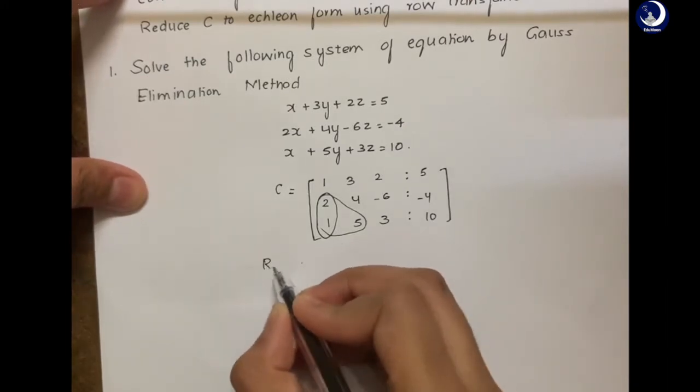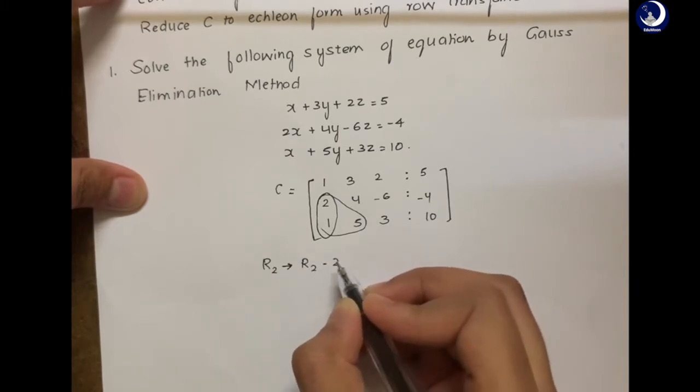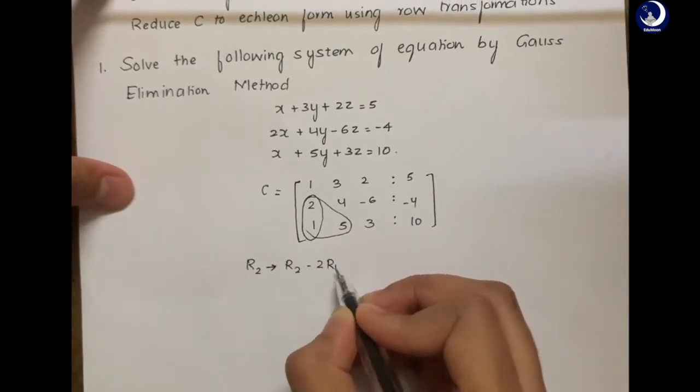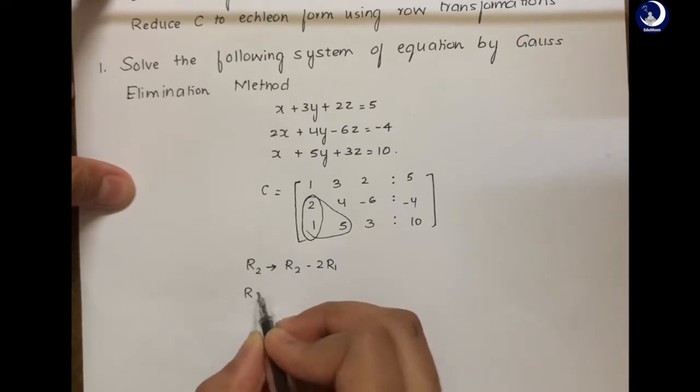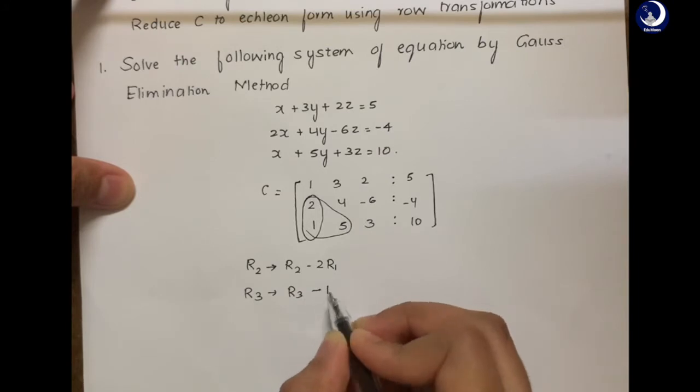So, row 2 tends to row 2 minus 2 row 1, and row 3 tends to row 3 minus row 1.